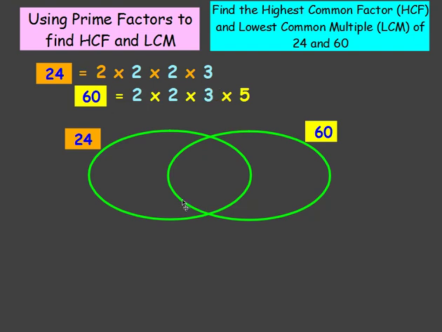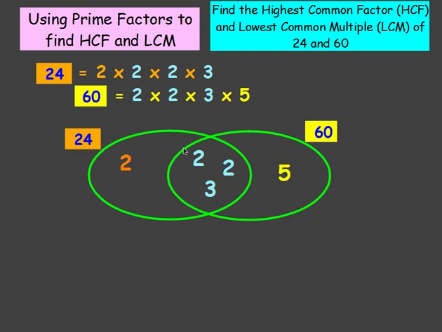So in the overlapping region we're going to have 2 2s and a 3, and we know those multiplied together, 2 2s and a 3 multiplied by another 2 here give us 24, and 2 2s and a 3 multiplied by 5 give us 60.